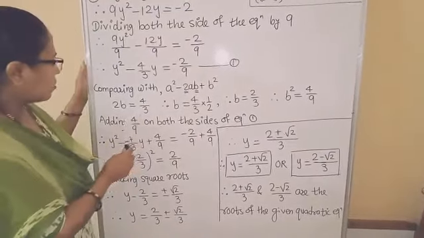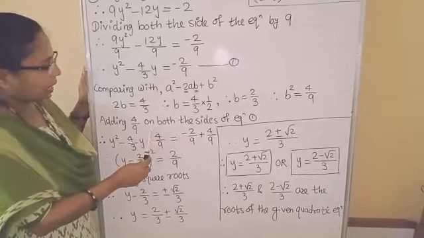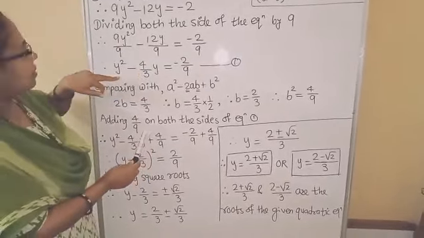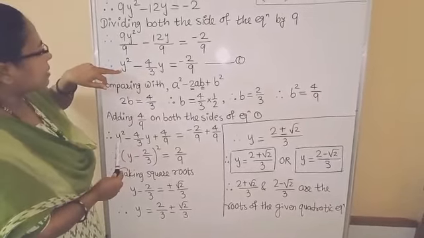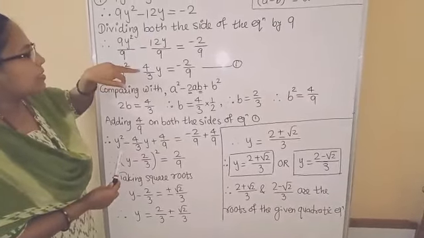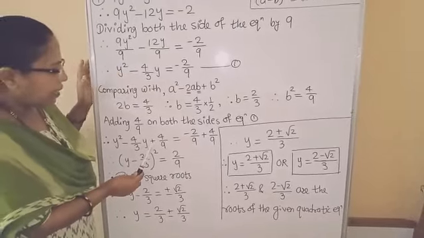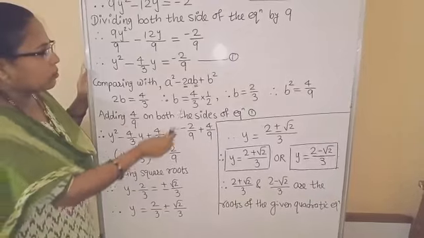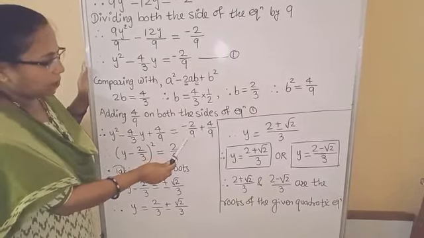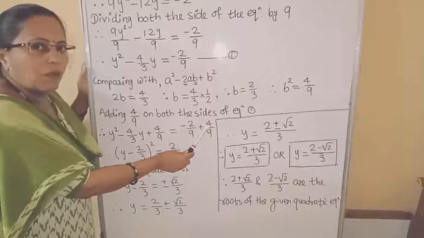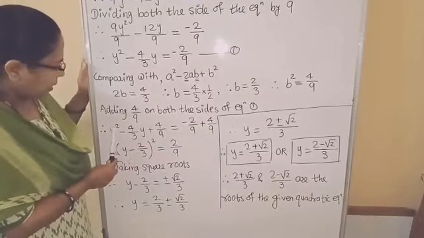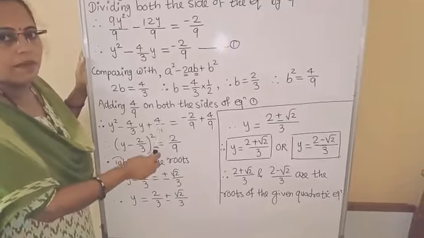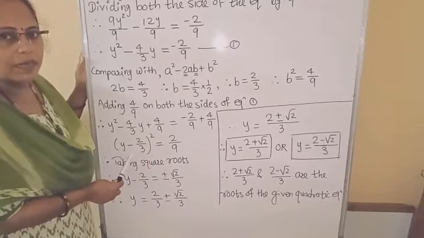Followed? So, adding 4 upon 9 on both the sides of equation 1. So, left hand side of the equation is y square minus 4 upon 3y plus 4 upon 9 equal to minus 2 upon 9 plus 4 upon 9. Now this trinomial of the left hand side is the square of the binomial.